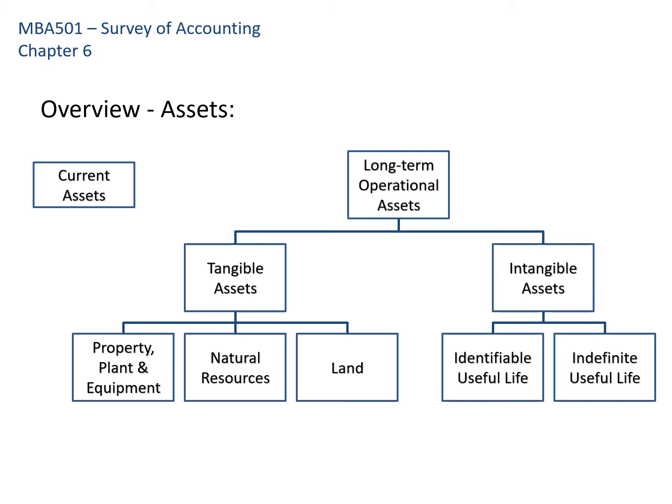So it would be buildings and then all of the things in the building like computers and forklifts and trucks and those kinds of things. It would include natural resources. So some companies own natural resources as part of their business. And then it would include land. And we separate land out because land is the one asset that we don't depreciate because it never wears out. So we always separate land out like that.